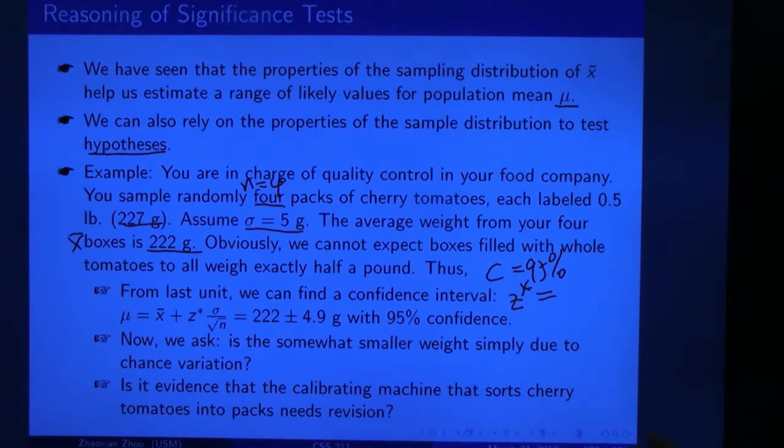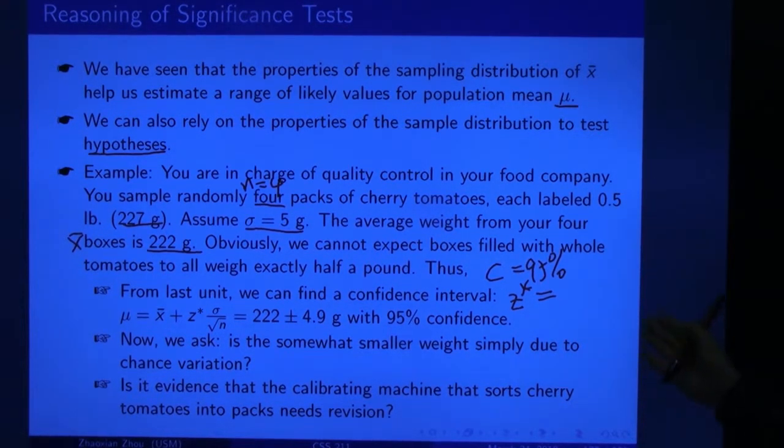That is the first question. Once we know the mean of this sample equals 222, is this evidence that the calibrating machine that sorts cherry tomatoes into packs needs a revision?